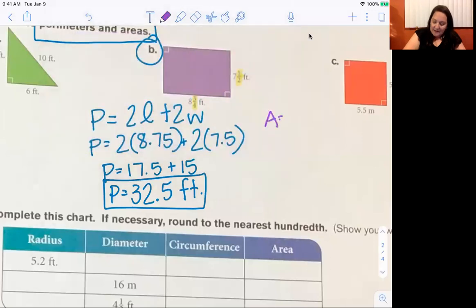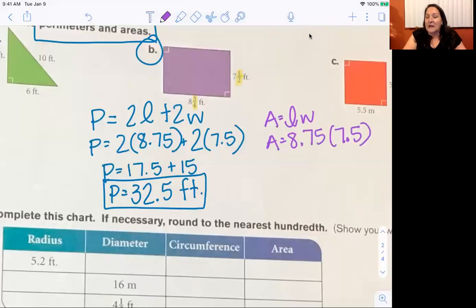Area of a rectangle equals, these are pretty easy, length times width. Area equals 8.75 times 7.5. Now, like I said, you can keep it 8 3/4 times 7 1/2, totally up to you. You can choose. Okay. Area equals, I'm going to work it out, 8.75 times 7.5. You work it out, I work it out, and we'll come back and look at it.